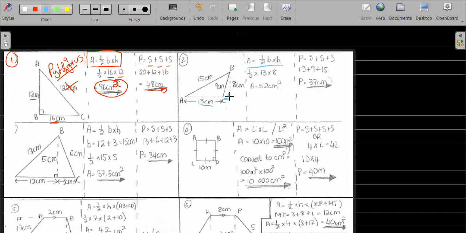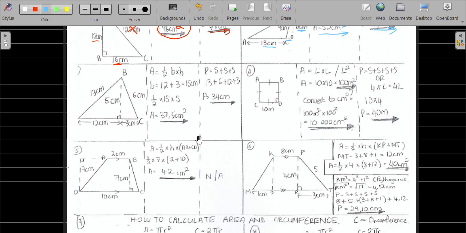Well, we can see the perpendicular height is 8 centimeters. Please don't use 9. That's not the perpendicular height. So we simply put that into our calculator, a half times 13 times 8, and we get our amazing answer of 52 centimeters squared. And then perimeter again, guys, it's going to be the 13 plus the 9 plus the 15, and we get our answer of 37.